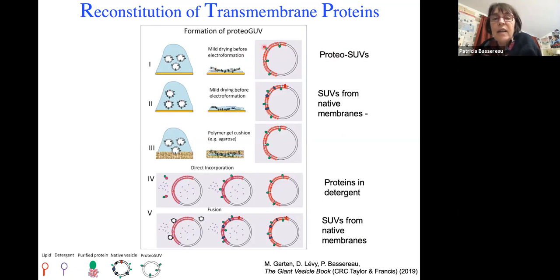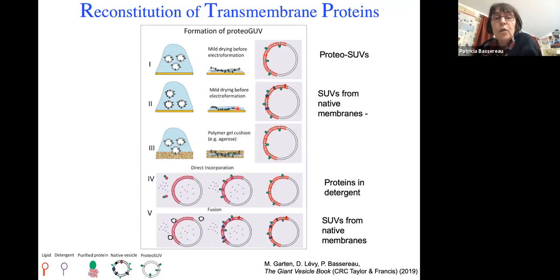One technique consists of using the same technique that you use for growing giant vesicles, but starting from small liposomes containing protein instead of pure lipids. You can use either electroformation or a technique which was developed in Pasteur, which is a spontaneous swelling of dry liposomes on a polymer cushion.